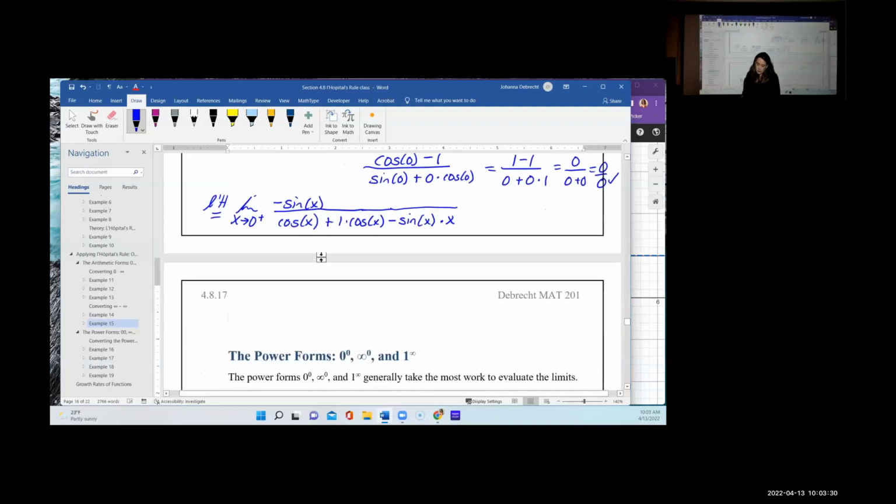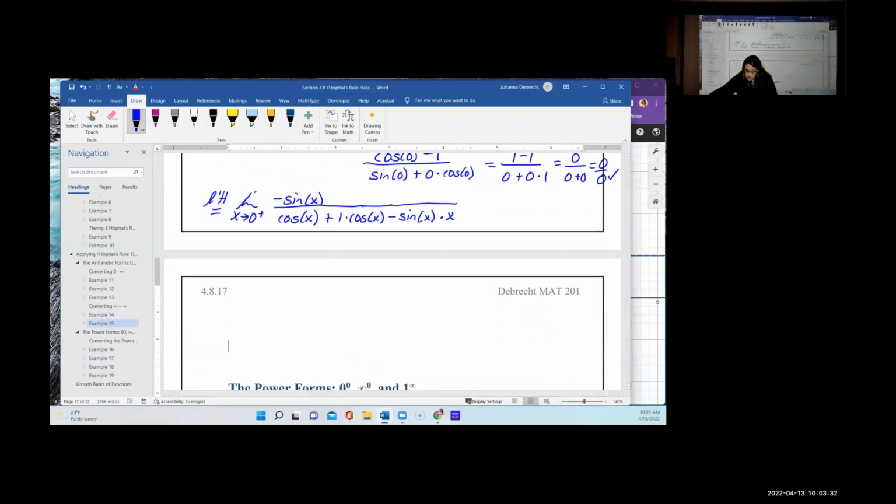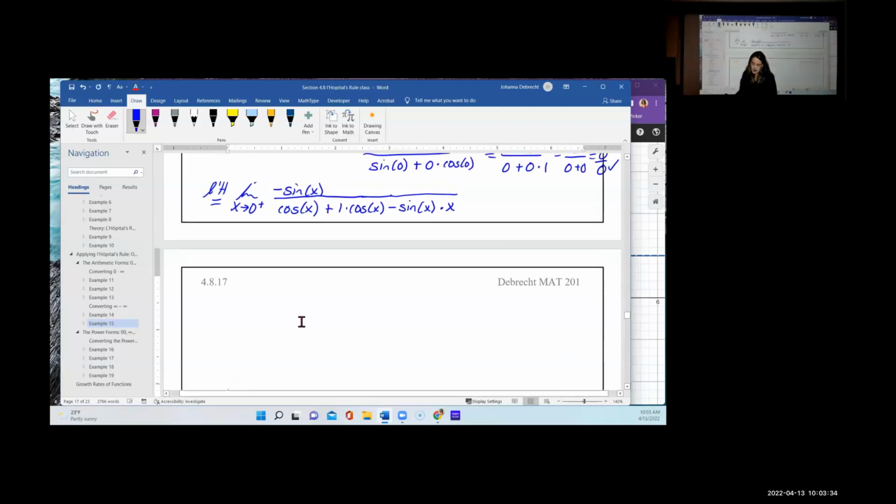Now I'm going to rewrite this, and I'm going to move the x at the back in front of the sine x so it doesn't get inside of that trig function by accident. So I have negative sine x divided by, well, I've got 2 cosine of x's, right?